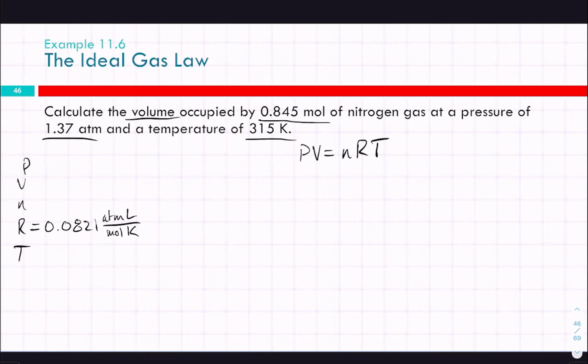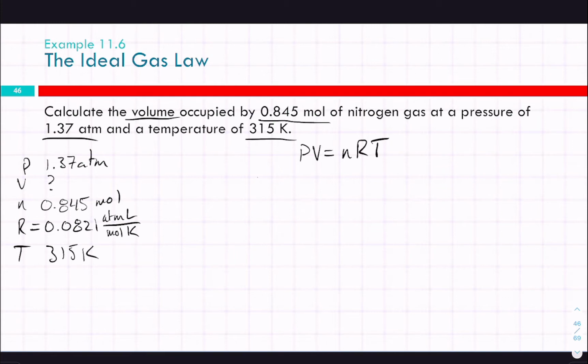So our pressure is going to be 1.37 atmospheres. Our volume is what we're looking for. We have 0.845 moles of nitrogen. And our temperature is 315 Kelvin.